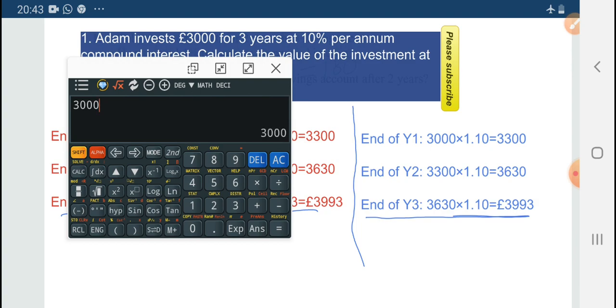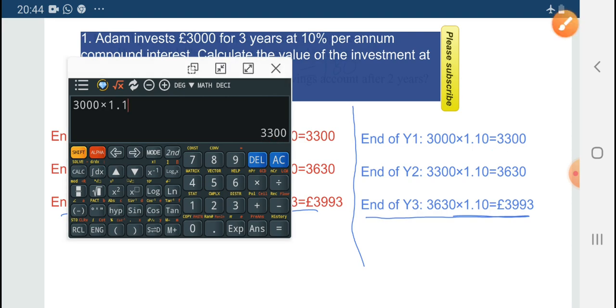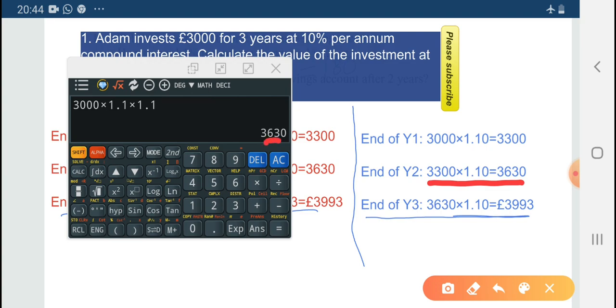Now because it's going to increase by 10%, I times it by 1.1. So look, just like there, I've got £3,300 on my screen. So I times that by 1.1, and I've got a total amount of £3,630 in my account.